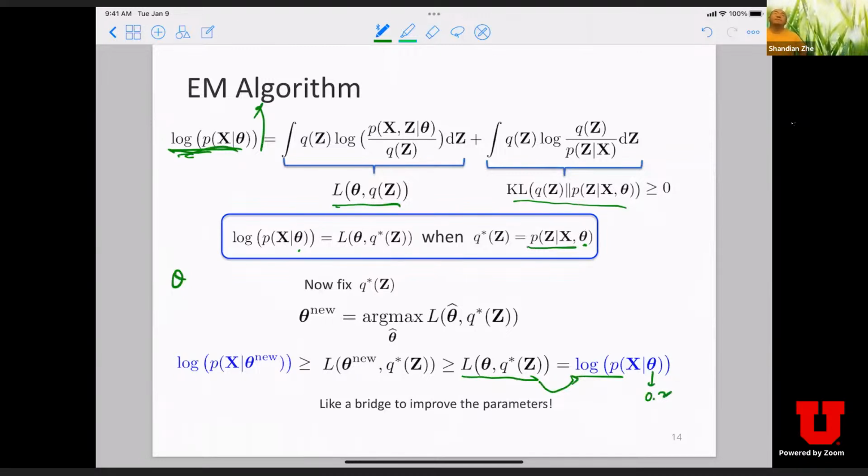Does it make sense? As I said, we can pick any initialization of theta like 0.2, and now I set my Q star of Z to be the posterior distribution of Z given X and the current theta value. Then I can guarantee my lower bound currently to be the same as the true model evidence when theta takes 0.2. Does it make sense?